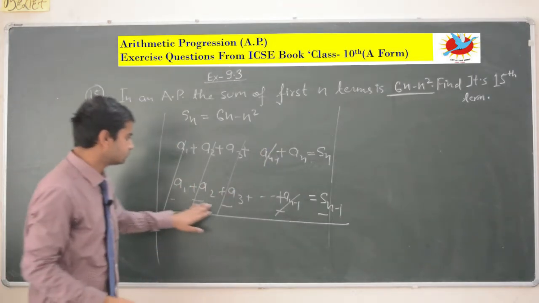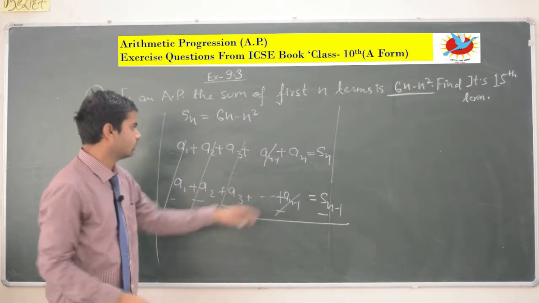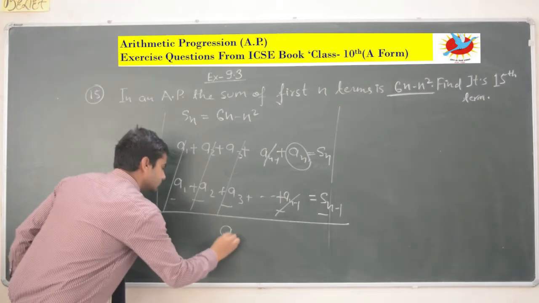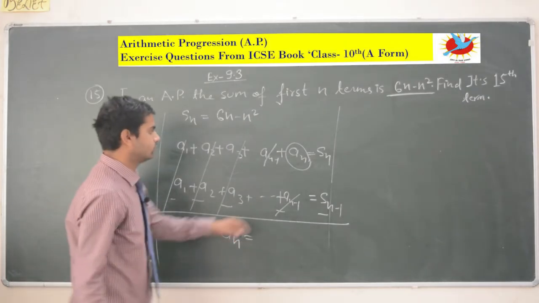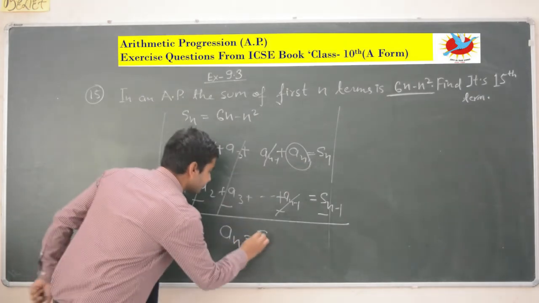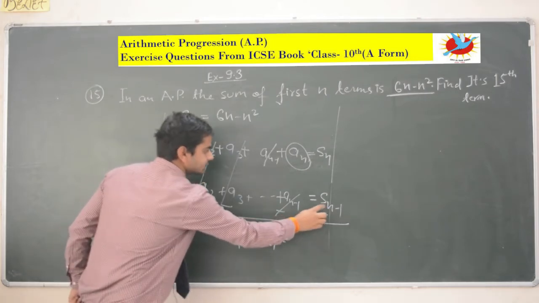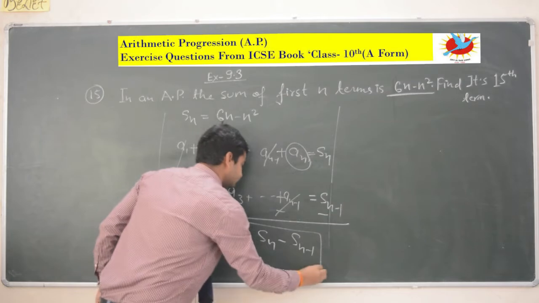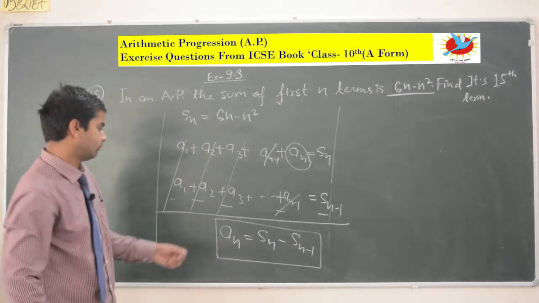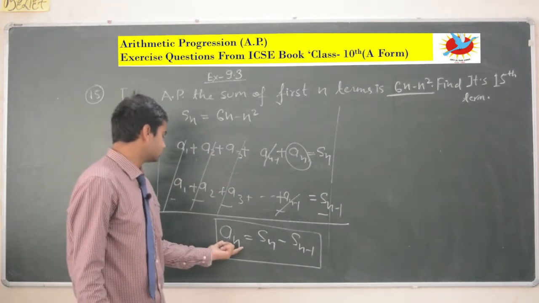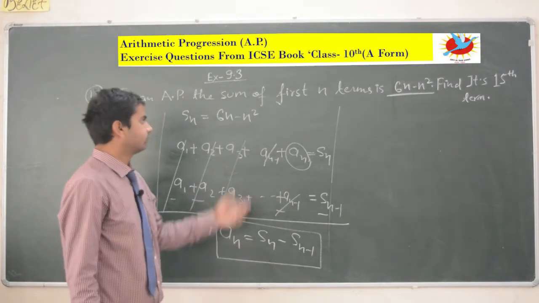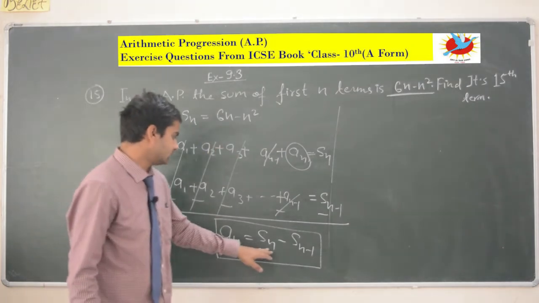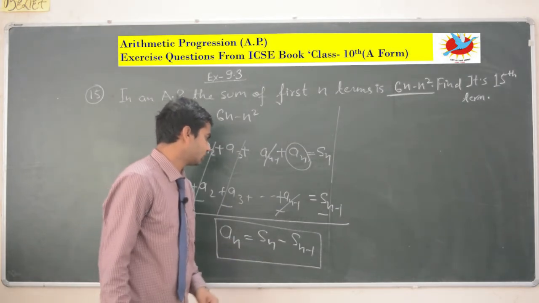All terms are cancelled out, only the last term an is remaining. So an will be equal to Sn minus S(n minus 1). This is the formula for calculating any term: if the sum of n terms is given, the nth term will be equal to Sn minus S(n minus 1).